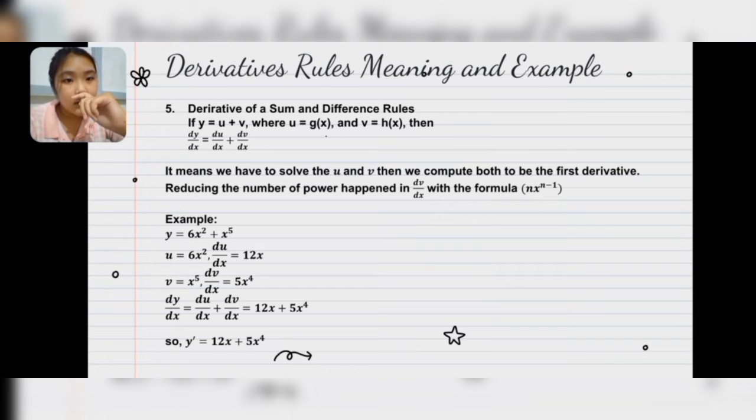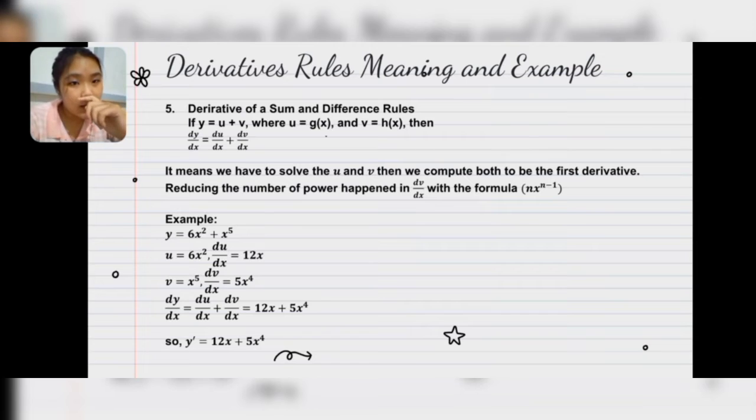So the n is from the power, which is 5. Okay, we type 5, and then 5x, we have to reduce the power of x. 5 minus 1 is 4, so dv per dx equal 5x with 4 power.